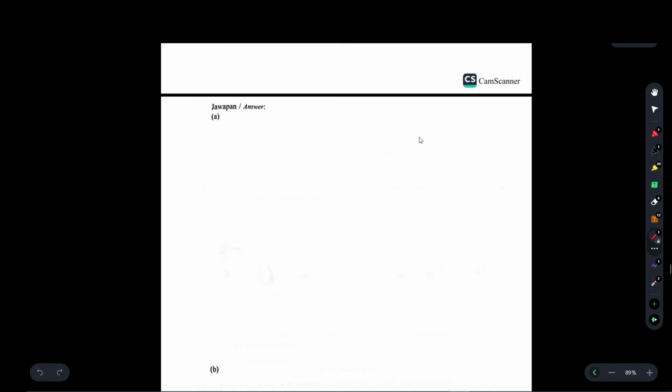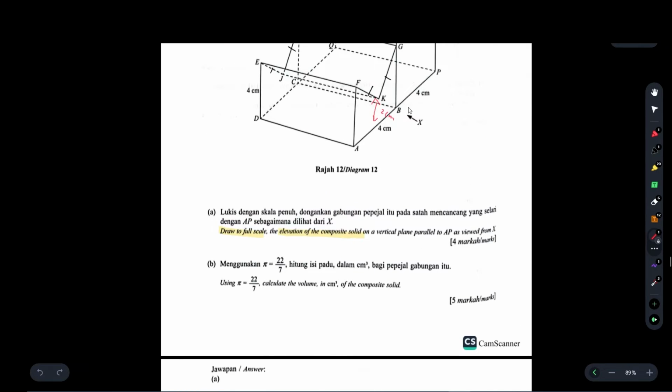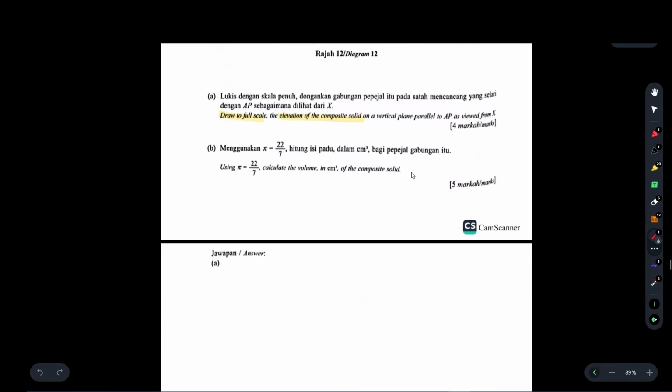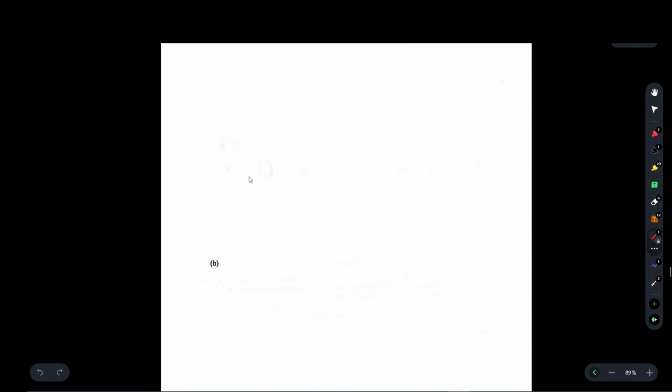So let's draw the ABP line first. We will have 4 plus 4, 8 centimeters. Let's say this is 8 centimeters, let's make it shorter, right here.